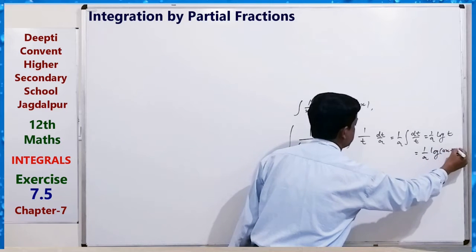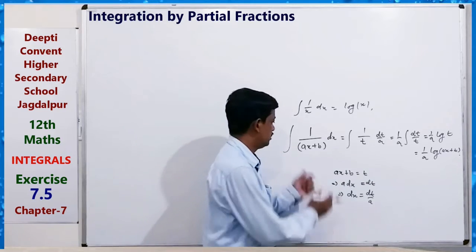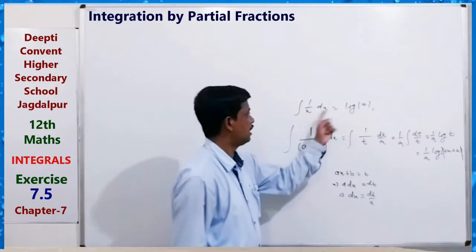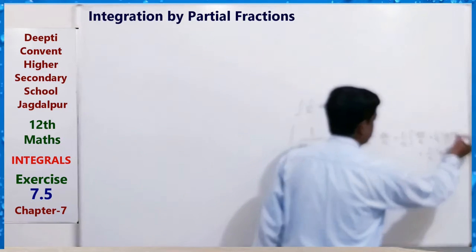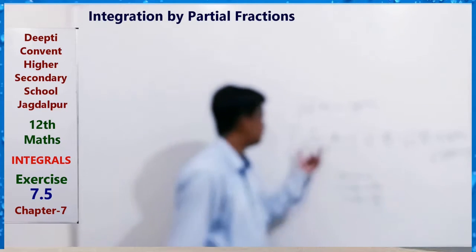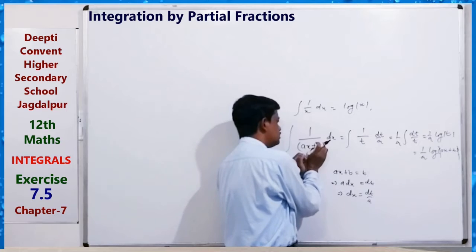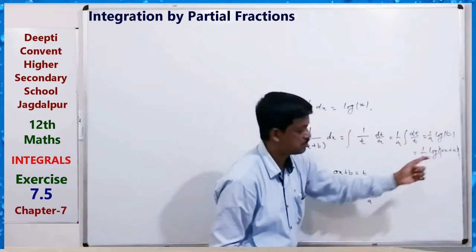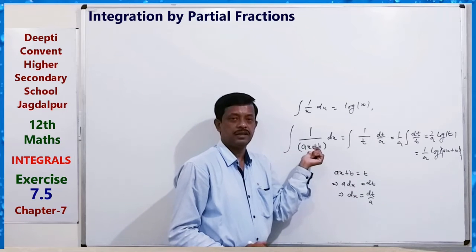Finally, substitute t as ax plus b. So this will be with mod, because we write it like this. So mod t. So the integration of 1 by a single quantity dx means log of the modulus of this quantity, divided by the coefficient of x.